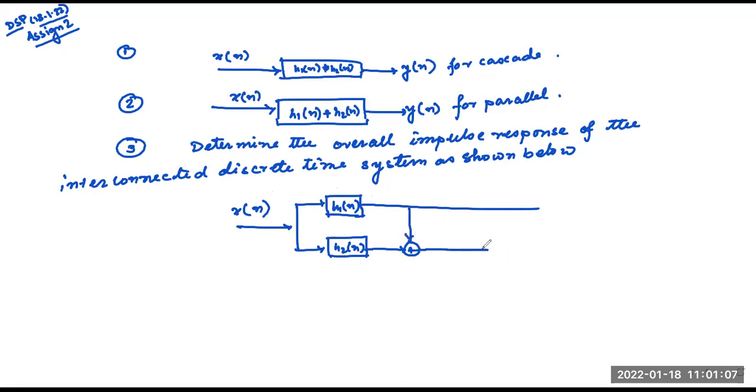Here is another signal, this is h3(n). Now this will be added. You get it here one, you get it here one. This is y(n).